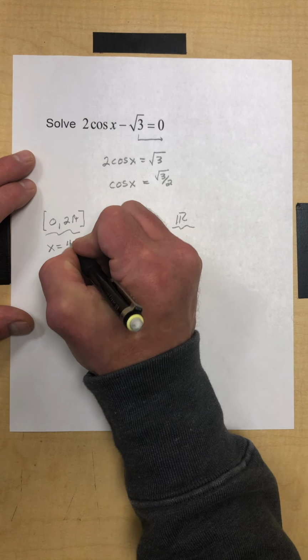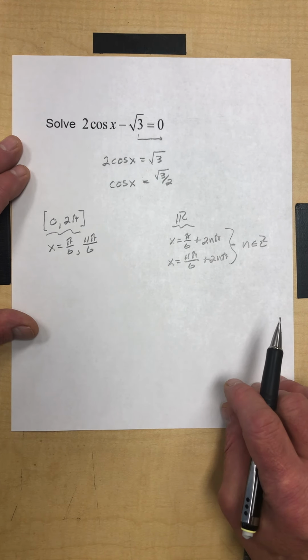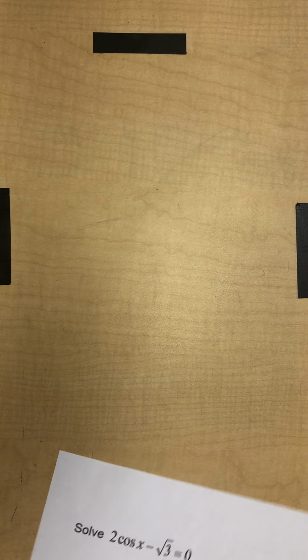Okay, and letting n be an integer, once again, allows me to account for positive rotations going counterclockwise and negative rotations going clockwise. Okay, so far so good. Okay, let's see what happens here.